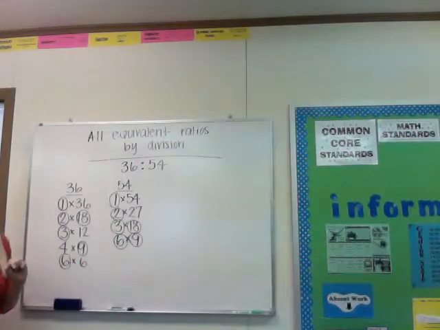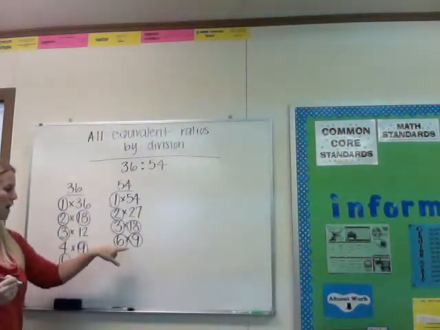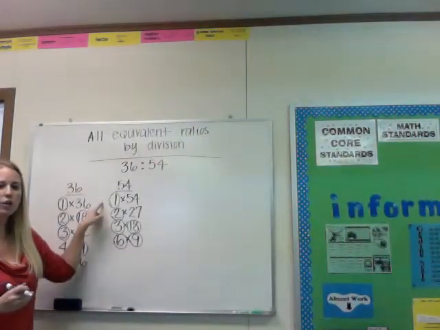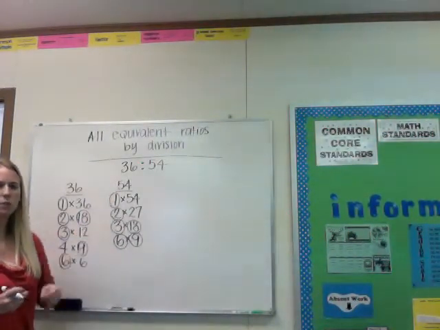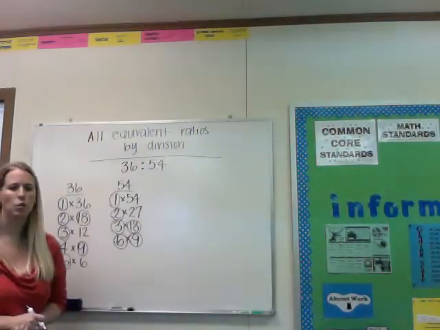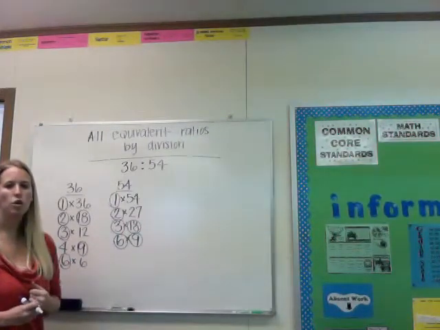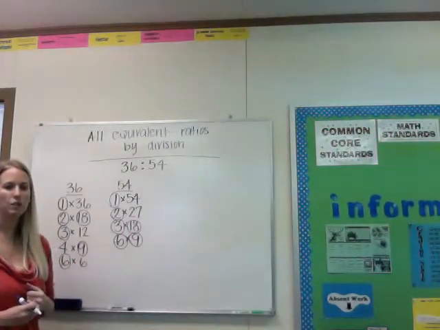So all the common factors of 36 and 54 are 1, 2, 3, 6, 9, and 18. We're not going to use the number 1 because any number divided by 1 will give you that number again. So we're going to skip that one. But the rest of them, we have to divide 36 and 54 by each of those numbers.